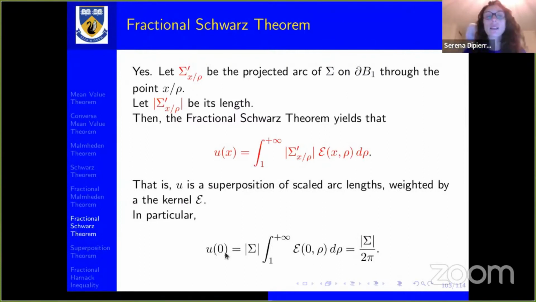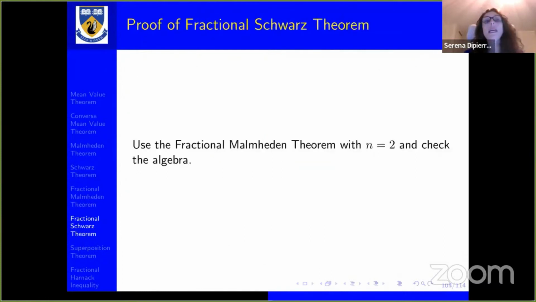So again, I can write explicitly the solution in a kind of a simple way and using these geometric considerations. Okay, and again, I'm not proving the fractional Schwarz theorem, but the idea is the same. It's the same as the classical case. So you use the fractional Malmheden theorem with dimension 2, and you check the algebra.